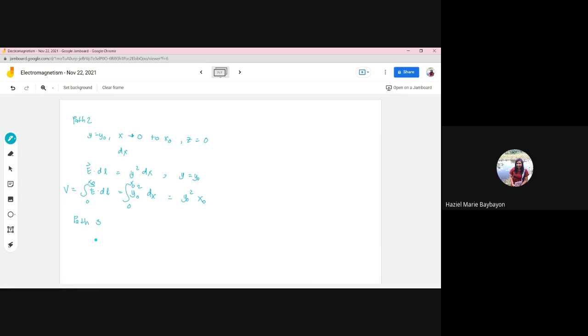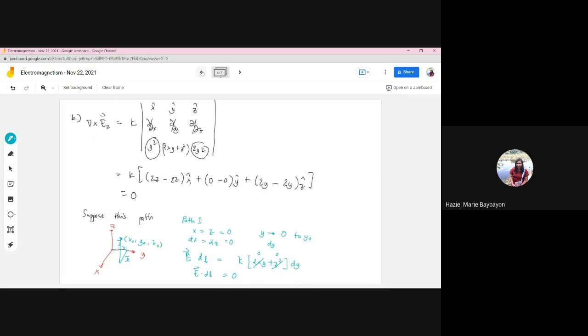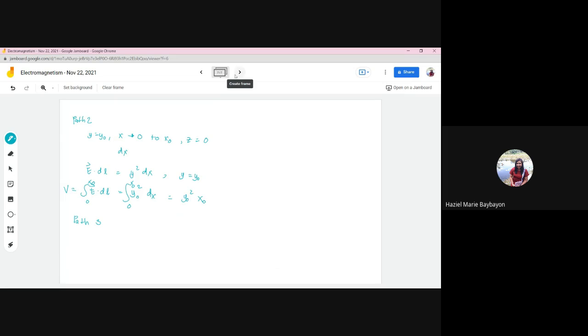And then for path 3, let us see. For path 3, class, it is this one. So what changes is z. So z is from 0 to z naught. And then your x equals x naught and y is equal to y naught. Okay? So we have y equals y naught, x equals x naught, and then your z is changing from 0 to z naught.